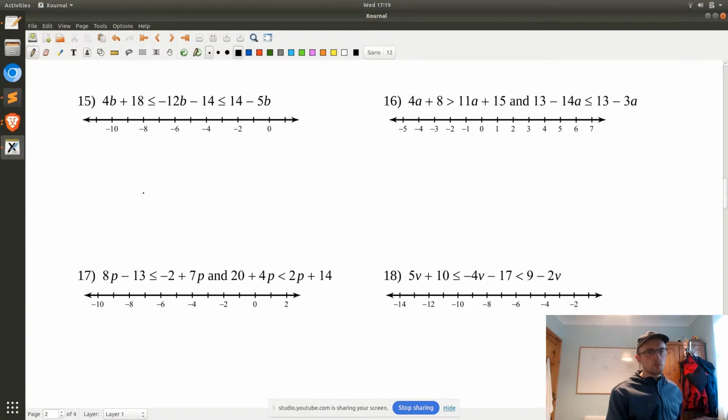Okay. What's to be done about this one? It's true that 4b add 18 is less than or equal to negative 12b take 14. And at the same time, it's true that negative 12b take 14 is less than or equal to 14 take 5b.